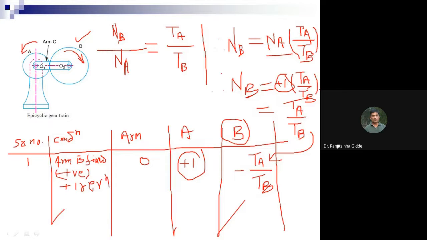A is rotating in anti-clockwise direction, B is rotating in clockwise direction, therefore the minus sign comes here. So we have considered plus sign for anti-clockwise and minus sign for clockwise.